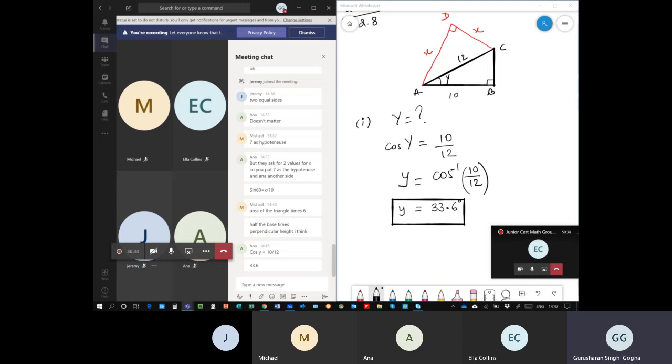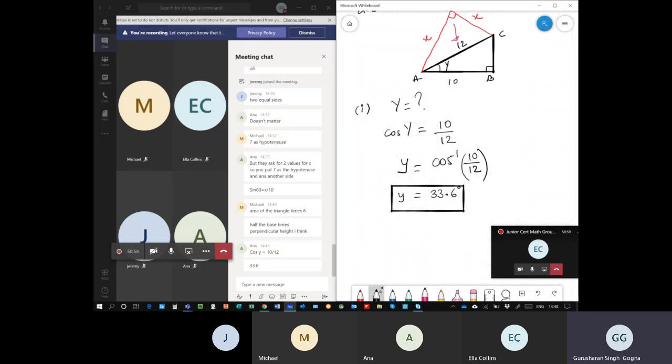So you know two sides, x, x, and what's 12 here? 12 is the hypotenuse. Why? Because it is opposite to the 90-degree angle. So you have to be careful with what you choose as your hypotenuse. The side opposite to the 90-degree angle is 12. That's your hypotenuse.